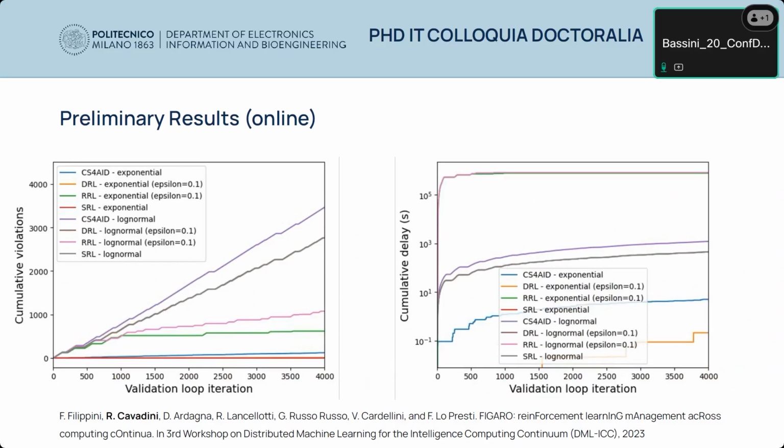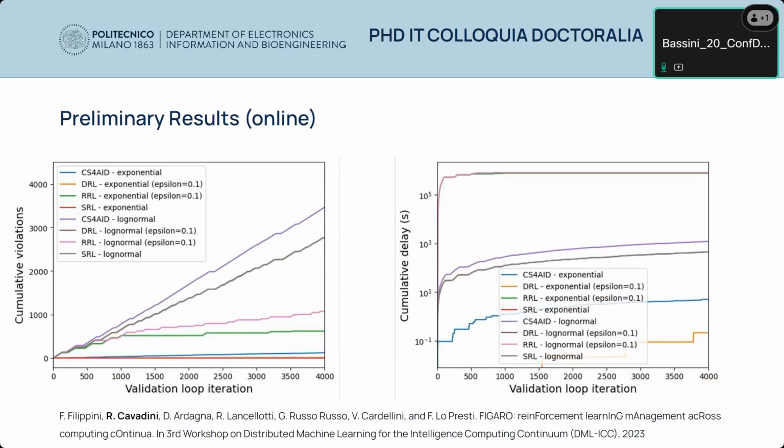But when we deploy it online, we see the magic happening, because especially when we change what the system looks like to the eyes of the agent, differently from what it had learned in the offline phase, we see that compared to any design time tool or any randomly initialized reinforcement learning agent, it behaves much, much better.